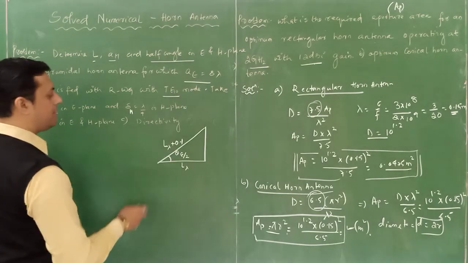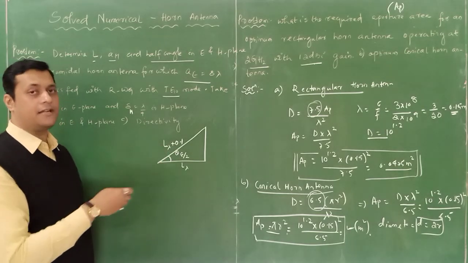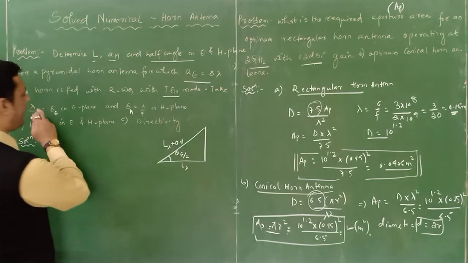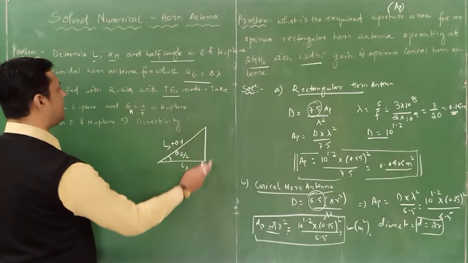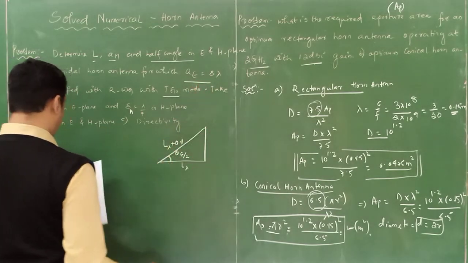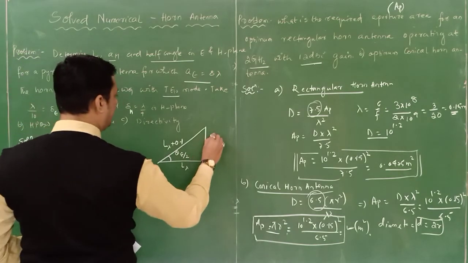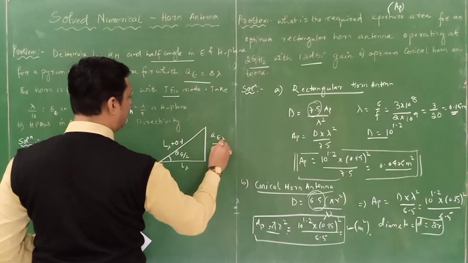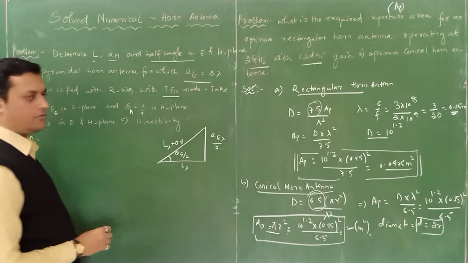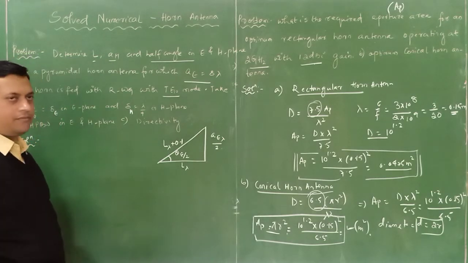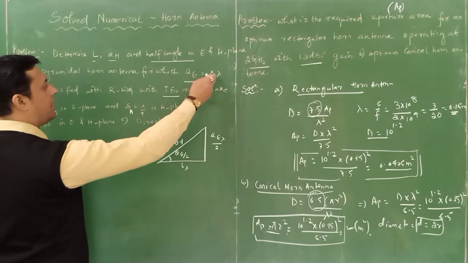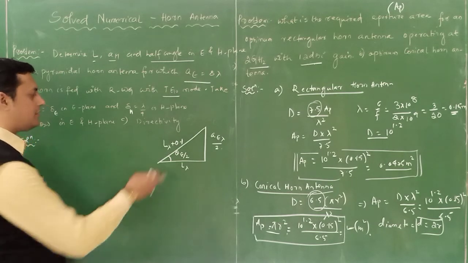So it is 0.1. Here I have considered lambda divided by lambda, so it is only 0.1 I have considered. And this aperture is given as A lambda divided by 2. Okay, half of the aperture is given. So half of the aperture means half of this, it is 4. So that we have to calculate.